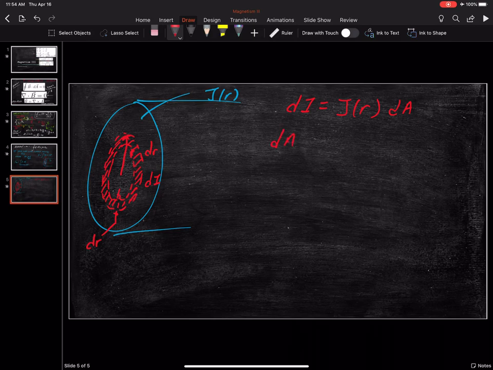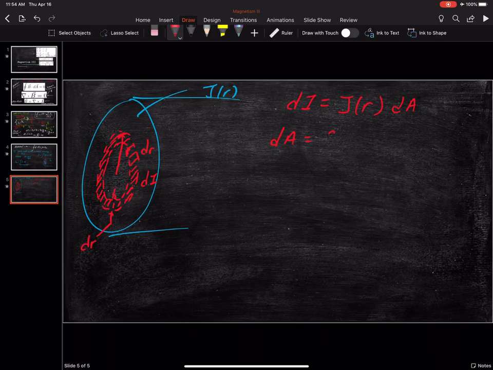Because it's all in the same direction, dA points one way and the current heads the same way. dA should be just the area of this little strip, which if you imagine slicing this strip and stretching it out, should be the length of that, 2 pi r times dr. And so dI should be equal to 2 pi r J of r dr.